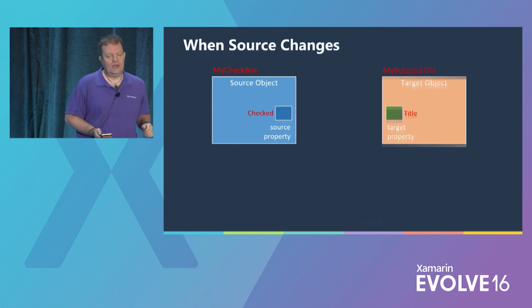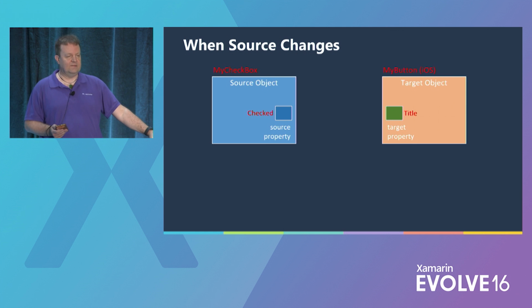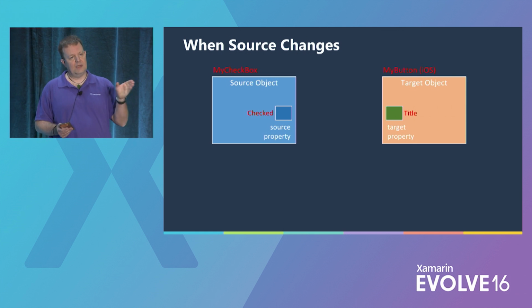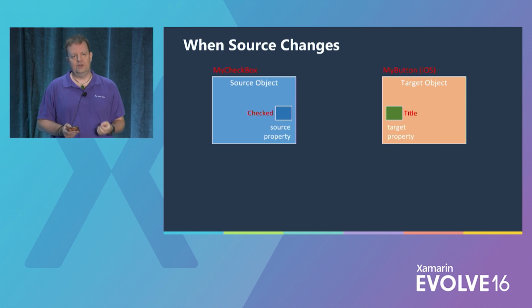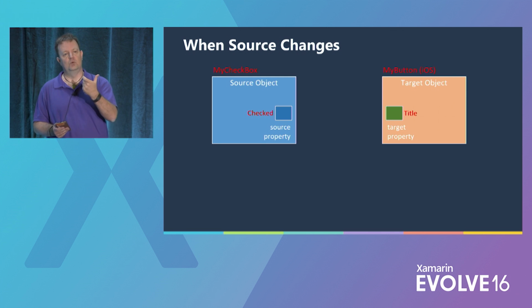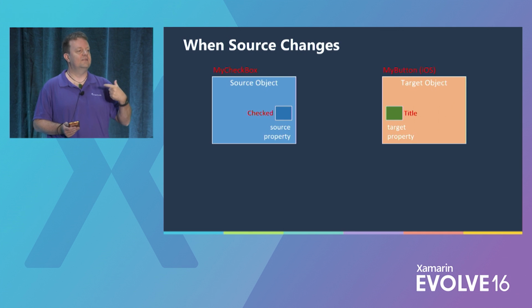Now, there is a special case which I call when source changes, and this is also one of those methods that you can chain on the binding. When source changes historically comes from the problem that in iOS, you cannot actually bind to a button's title property because it doesn't have a setter. You have to use a method setTitle.